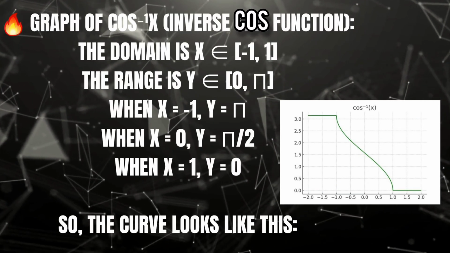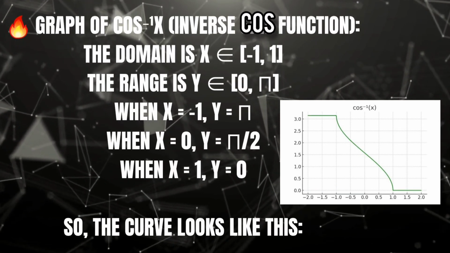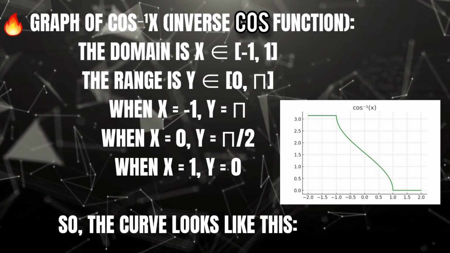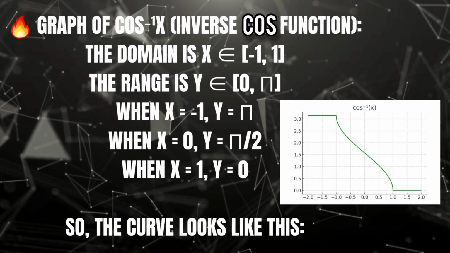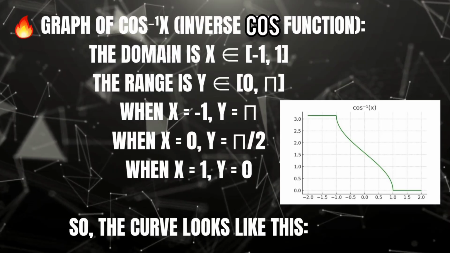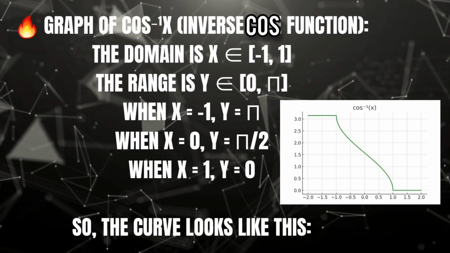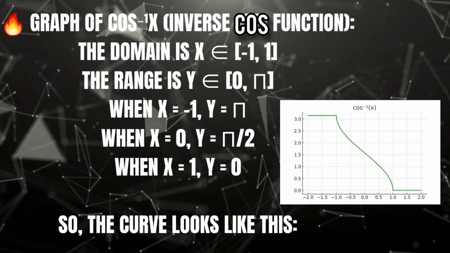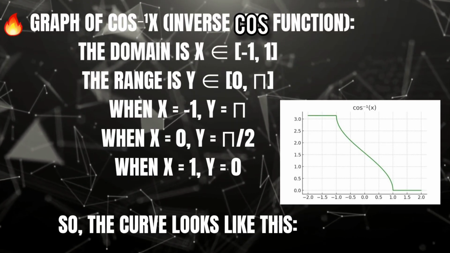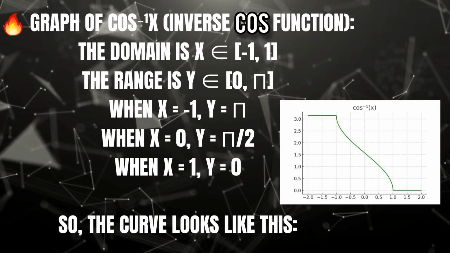Now for graph of cos inverse of x, see the figure, it is the curve for cos inverse. The domain is x belongs to -1 to 1, range is y belongs to 0 to pi. When x equal to -1, y equal to pi, x equal to 0, y equal to pi/2 and x equal to 1, y equal to 0, right?